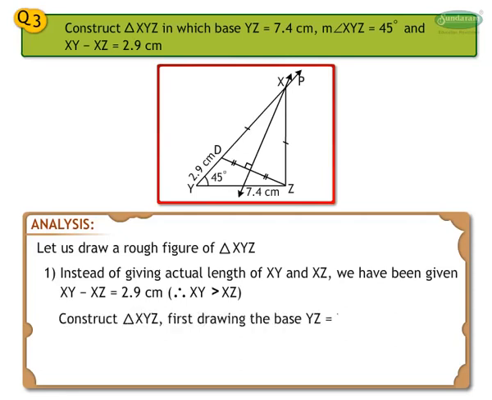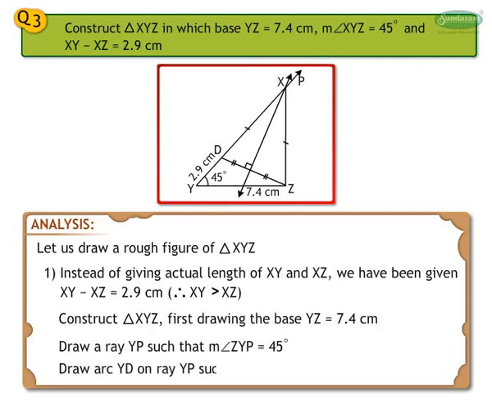Construct triangle XYZ, first drawing the base YZ is equal to 7.4 centimeters. Draw a ray YP such that measure angle ZYP is equal to 45 degrees. Draw arc YD on ray YP such that YD is equal to 2.9 centimeters.